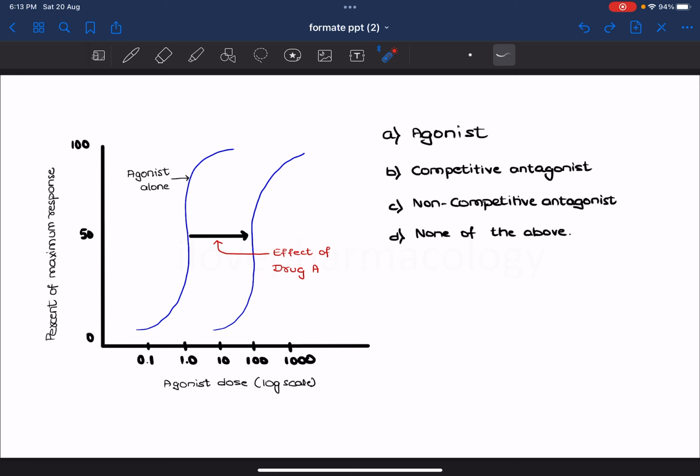So this is the classical representation or a diagram which shows the effect of competitive antagonist. So in your exams or in the NEET, if you get this question, the answer will be competitive antagonist.